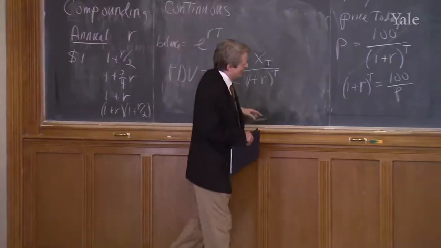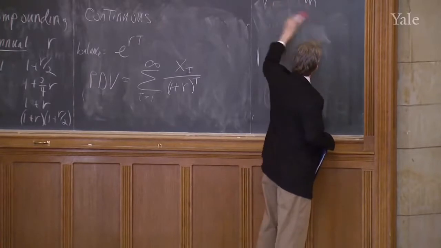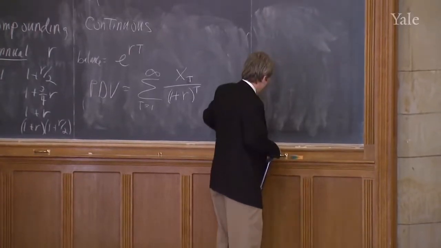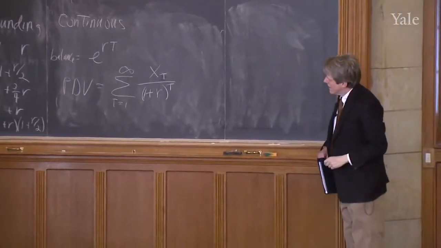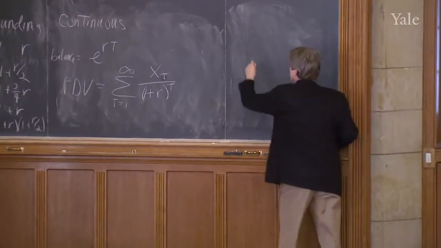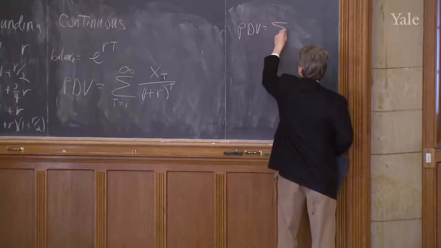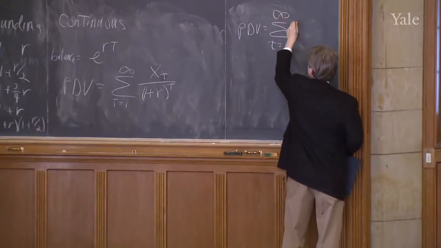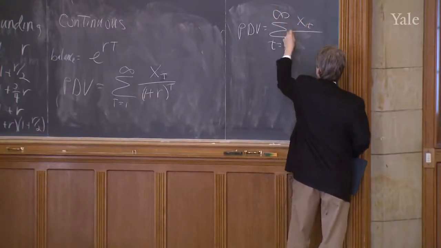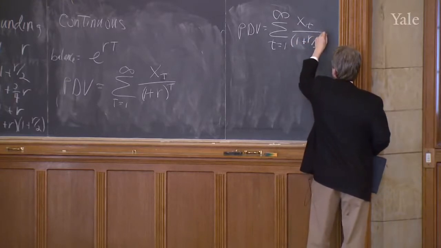And suppose the payments are coming in every 6 months, as they do with corporate bonds, then it might be natural to do compounding every 6 months. So then PDV is equal to the summation from t equals 1 to infinity of x sub t all over 1 plus r over 2 to the t.